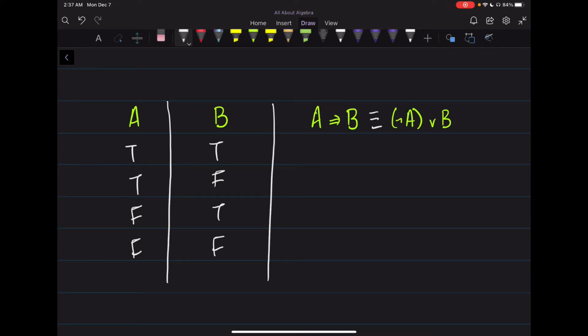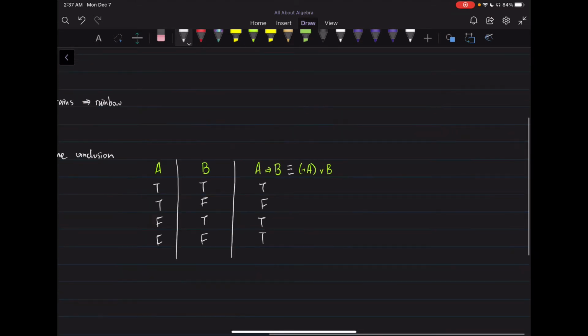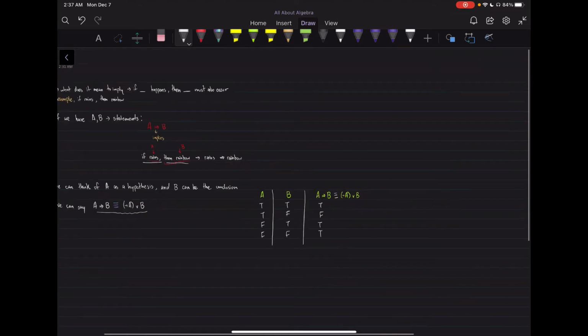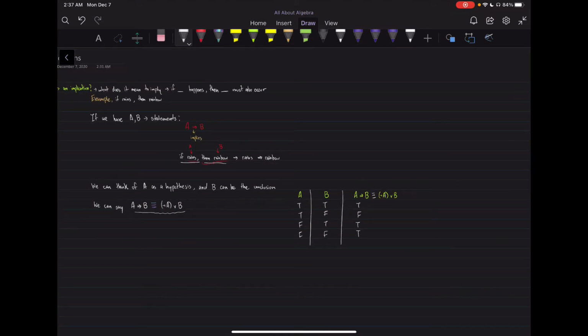False or true gives you true. And now false or false gives you false. And then I negate the false, you get true. True or true gives you true. And you negate the false and you get true or false. So you get true. And this indeed is the truth table for an implication.